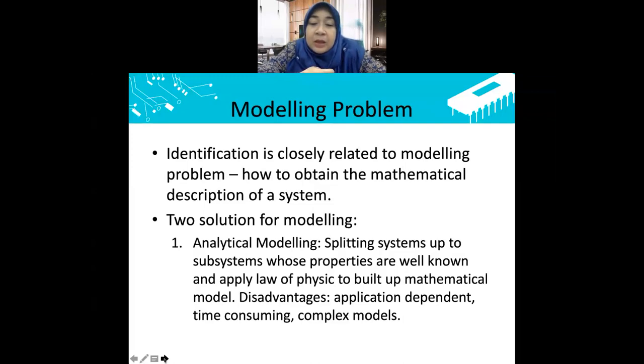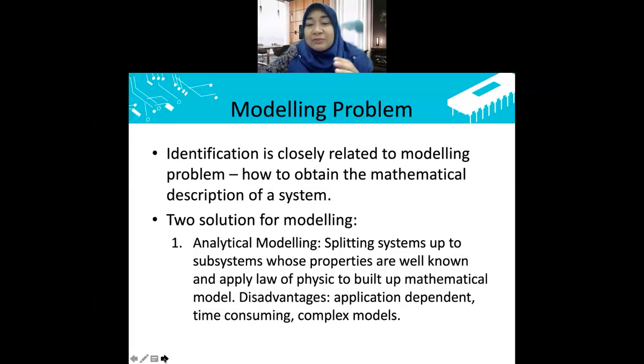Maybe there are 4 wheels, so there are 4 suspension systems in a car. To model the whole car is too big, too huge. So we divide it into 4 subsystems of the suspension system. We call it a quarter car.